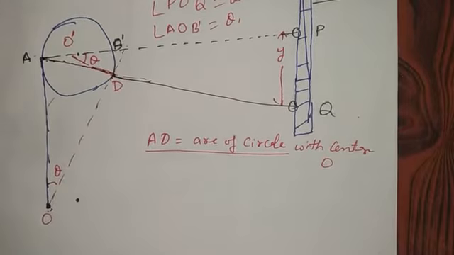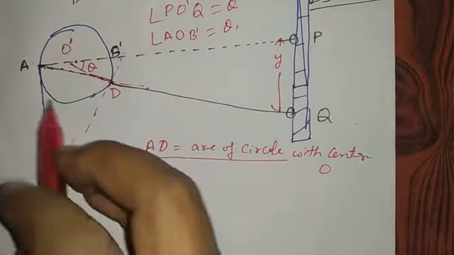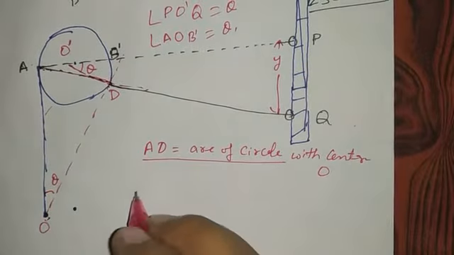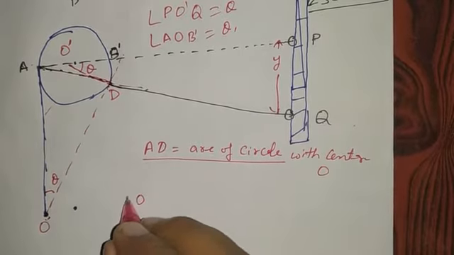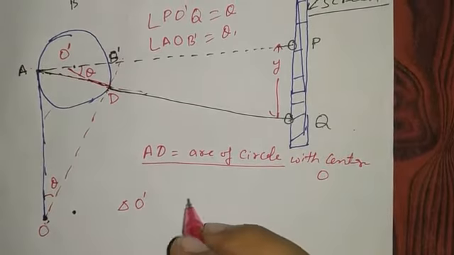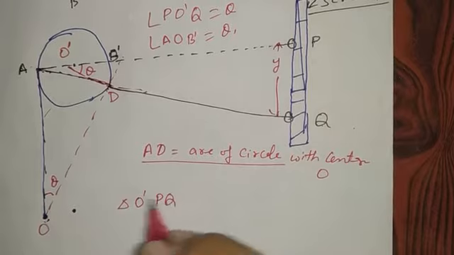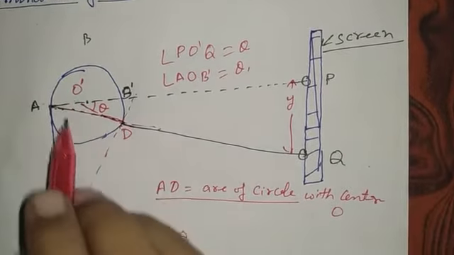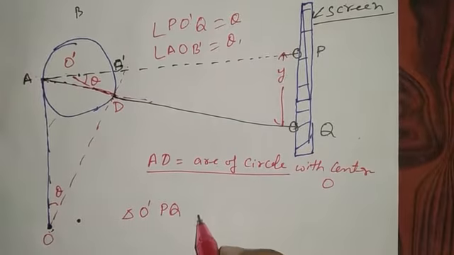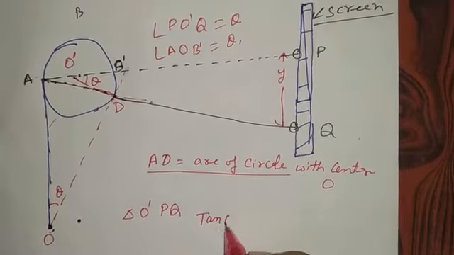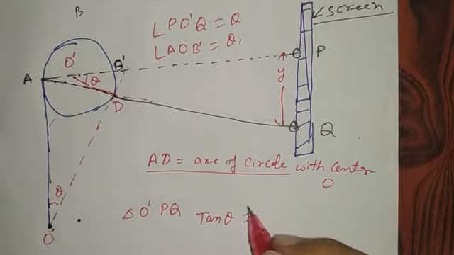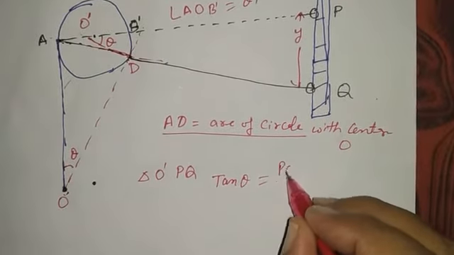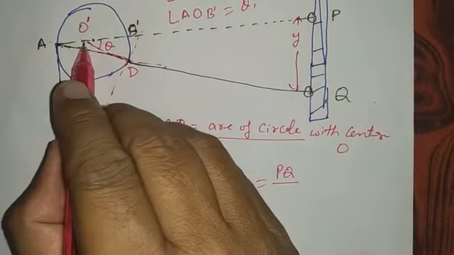Now see a small calculation here in the triangle. We are going to take triangle O dash PQ. See, this is a straight line. Consider O dash PQ, in that tan theta is equal to perpendicular by base.